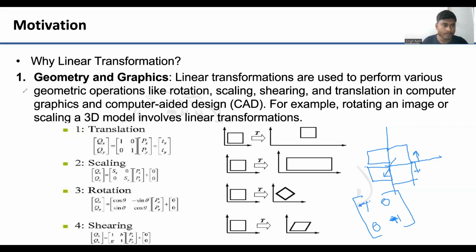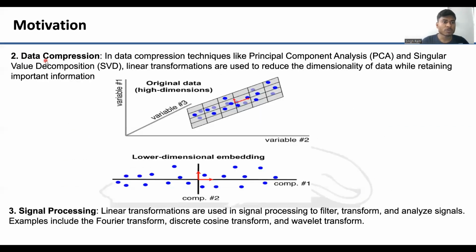Second usage of linear transformation we can see in data compression. In techniques like principal component analysis and singular value decomposition, linear transformations are used to reduce the dimensionality of the data while retaining the important information. If the data has multiple dimensions, we cannot visualize it or draw it in reality.